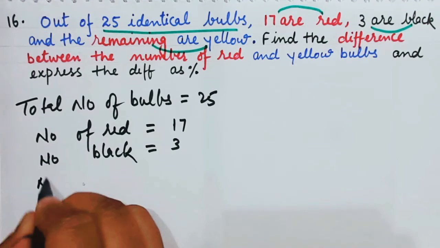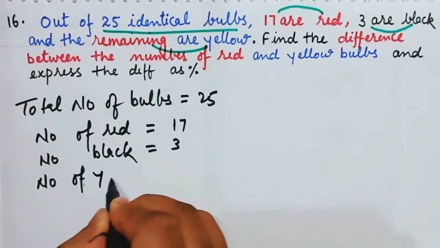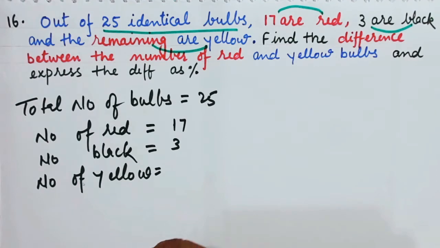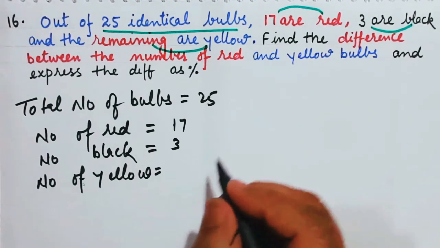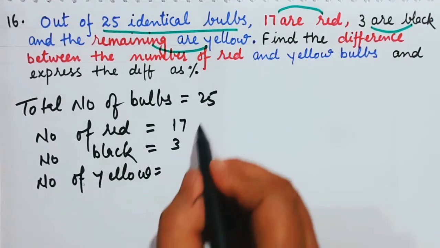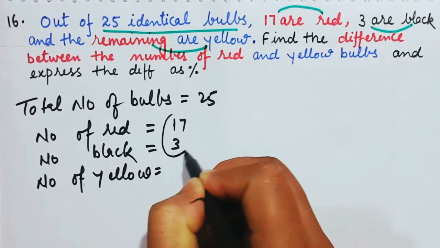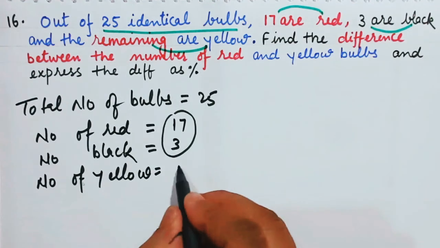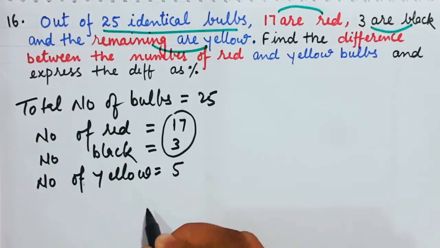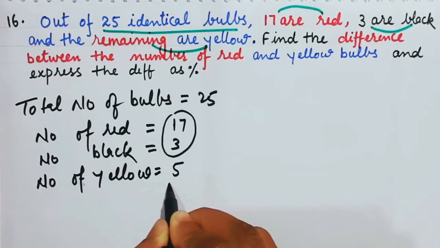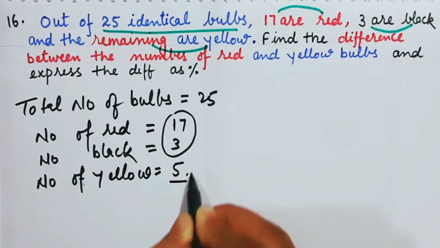Therefore, the number of yellow will naturally be 25 minus 20, which is equal to 5 bulbs. So number of yellow bulbs is equal to 5.